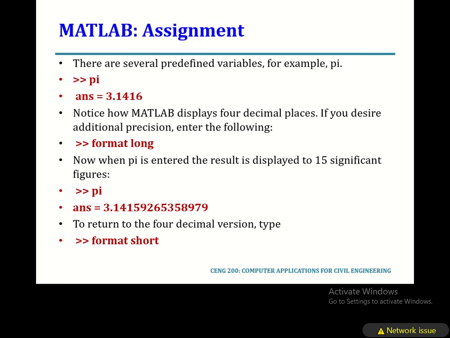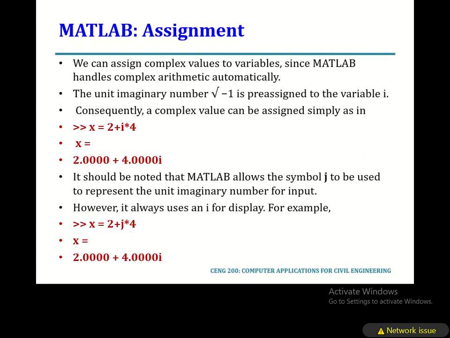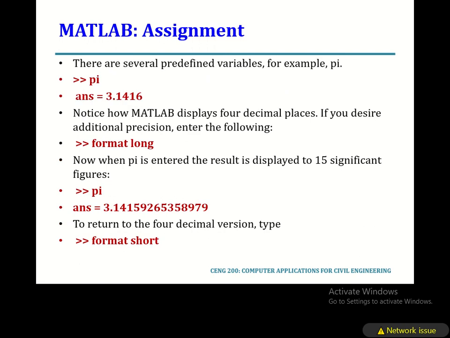Whenever you create a variable in all the previous examples, how many decimal places you see here? 4. How many decimal places you see here with pi? 4. So this is default. You want to change it? More decimal places? You use a statement format long.